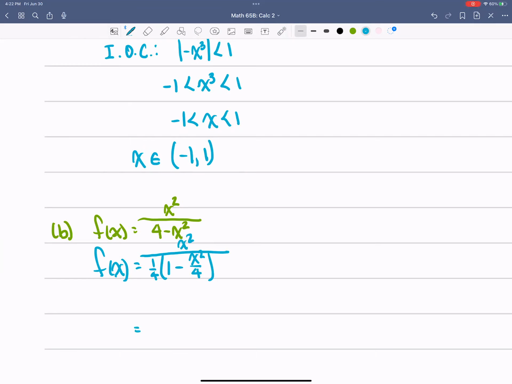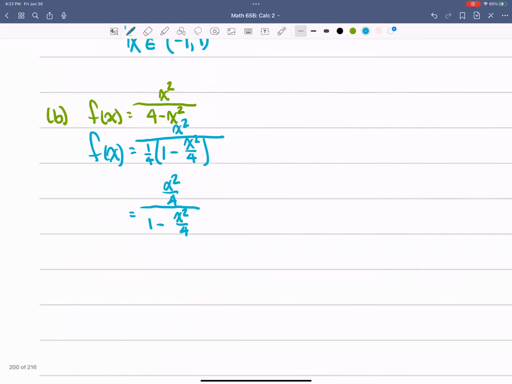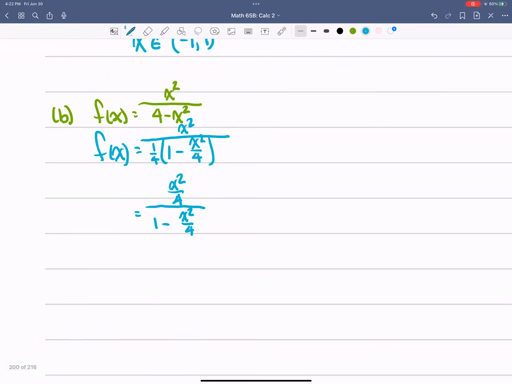Let's fix this one more time. In the denominator, we have 1 minus x squared over 4, and in the numerator, we have x squared over 4. Now that we have it in the proper form, we could actually use that to find our sum. So our infinite sum, our sum with respect to x, goes from n going from 0 to infinity.